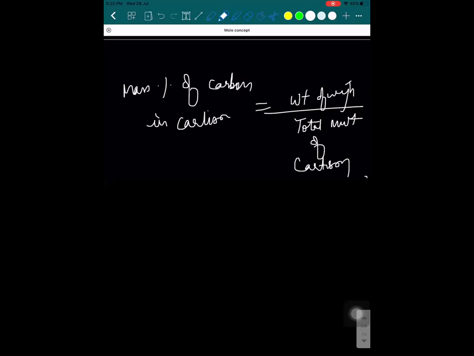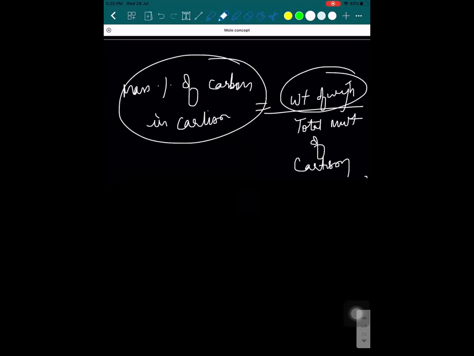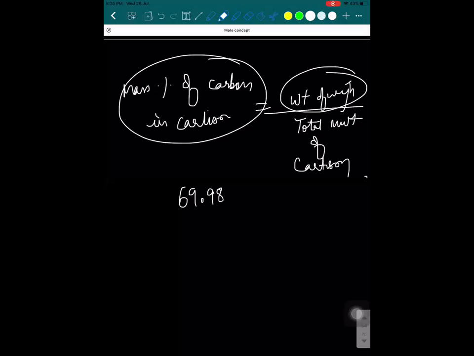Percentage is given, so into 100, for sure. Now can I say 69.98 is equal to weight of carbon, which is 12, but total 21 carbon, so you have to take 21 also, by molecular weight into 100. Calculate the mass and you will get the answer.